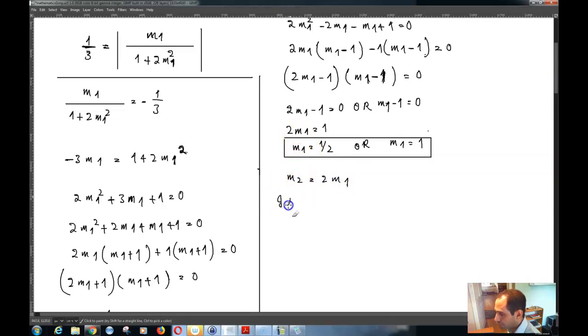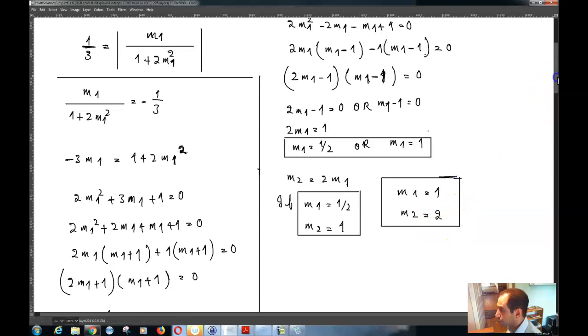Now, if m1 is equal to 1/2, then m2 is equal to 2 times m1, which is equal to 1. So that's one possibility. If m1 is equal to 1, then m2 is equal to 2 times m1, which is equal to 2.